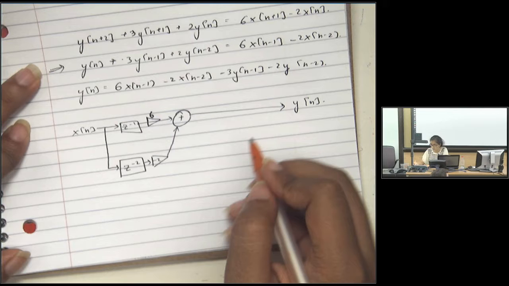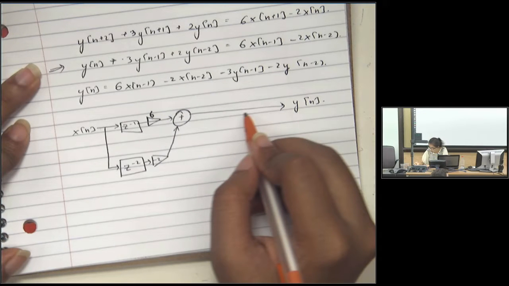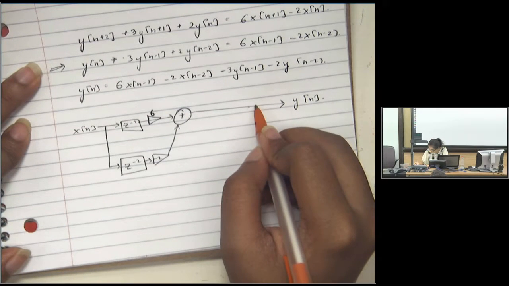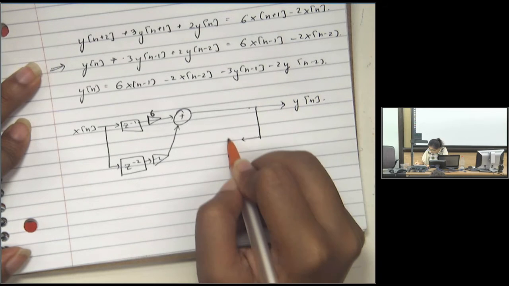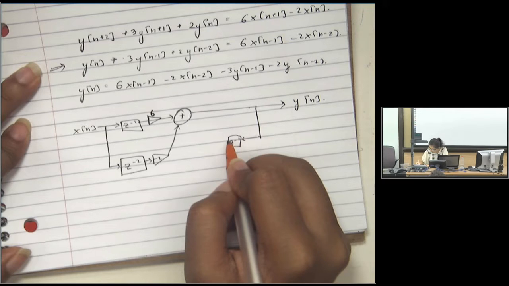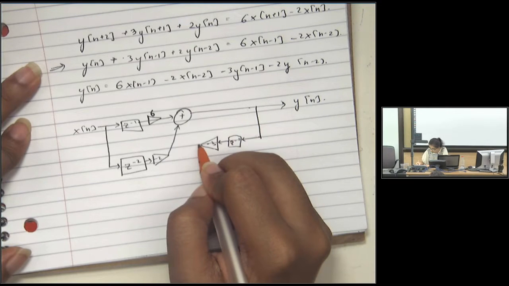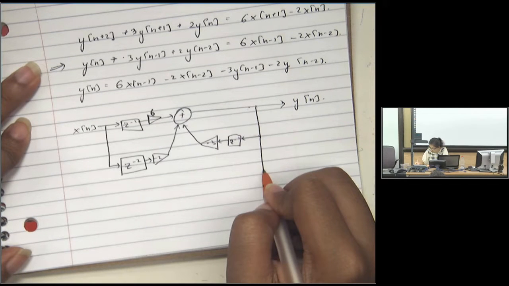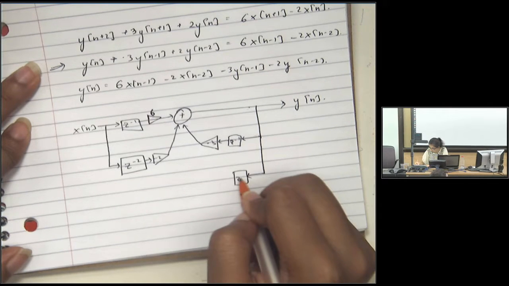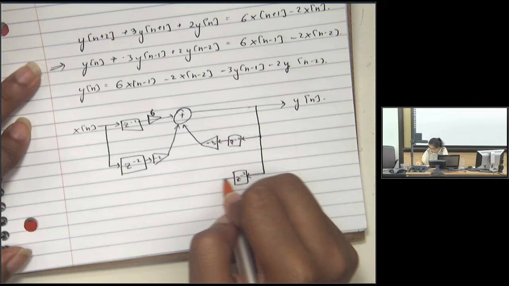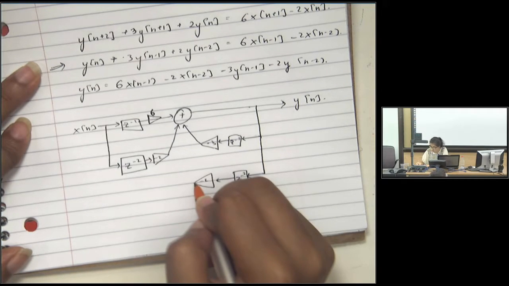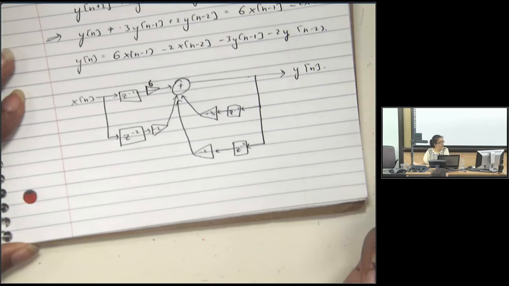Now here I have y of n delayed, so I'll have it delayed by 1, multiply it with minus 3 and add it. Again, delay it by 2, multiply with minus 2 and add it. And that's your block diagram.